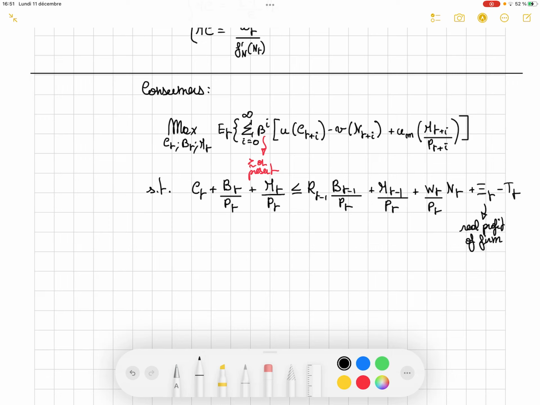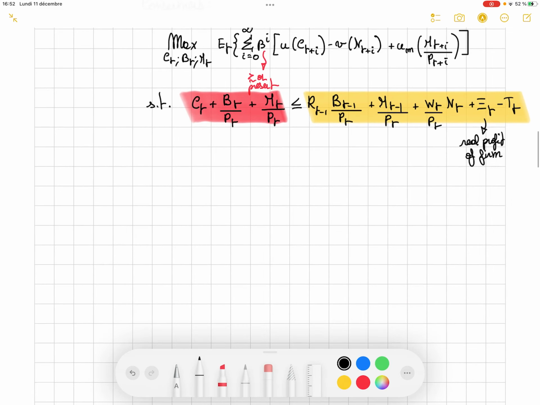And we can also add a term for the tax that we call TT. So that's basically, on the right side, the total income of the household, and this is the total expense of the household. And of course, we know that this will be equal, right? Okay, so that's what we have.